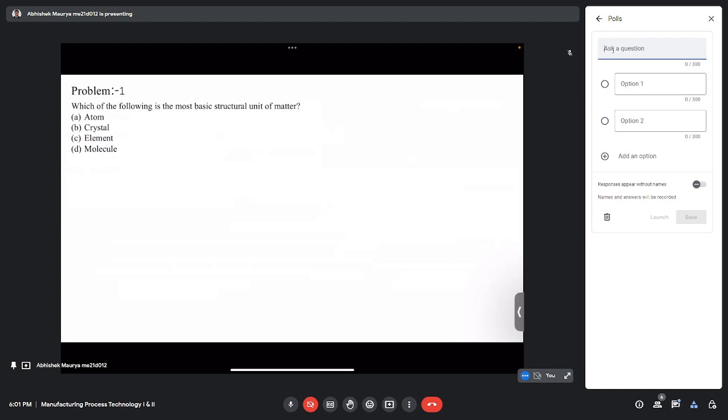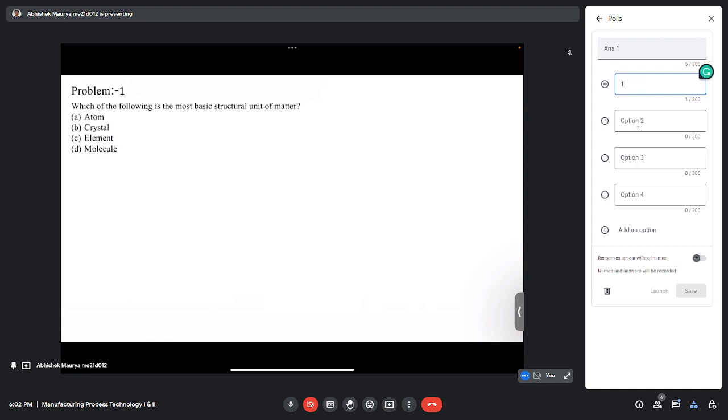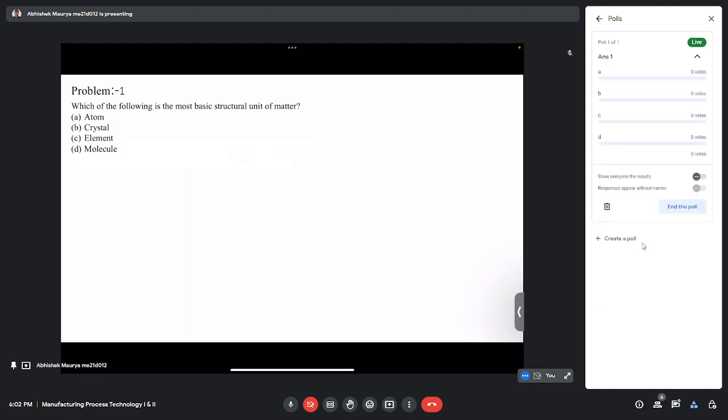So Sriram, it will be better if you give your response in the polling section. You can find polling section in the Google Meet. There I will create the poll and there you can choose your options. Yes, I have launched the polls. You can find the options A, B, C, D there, and you can choose your options.